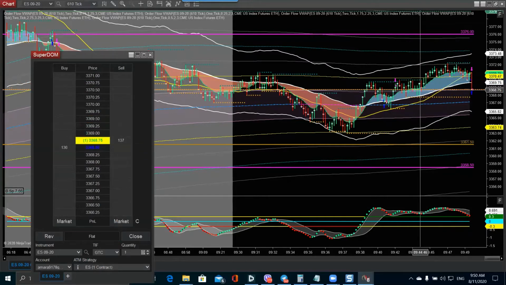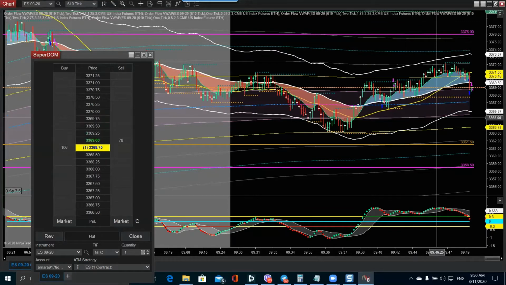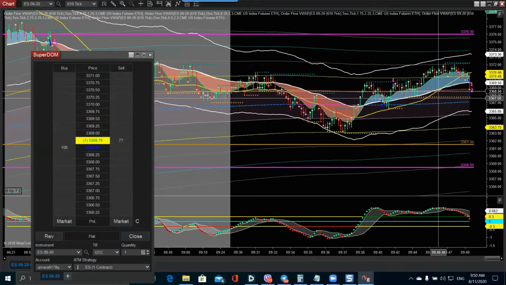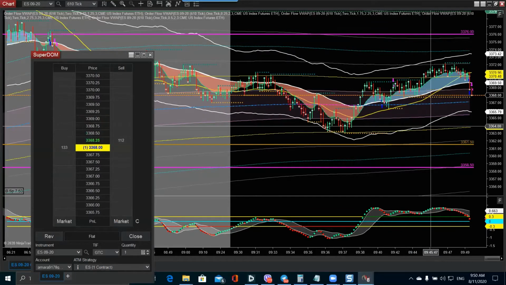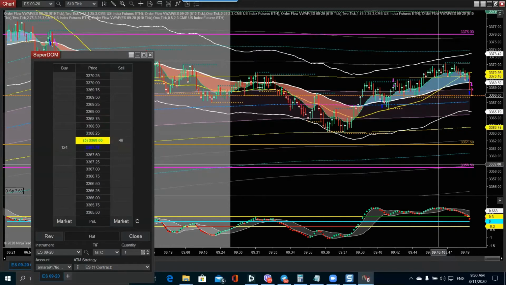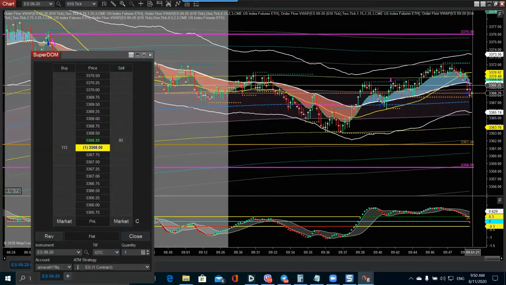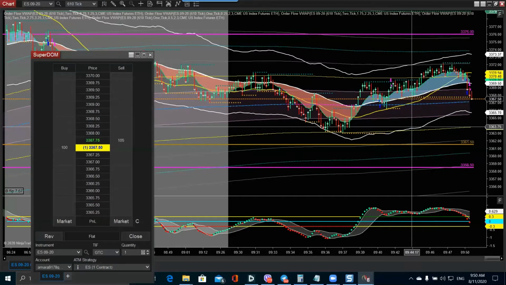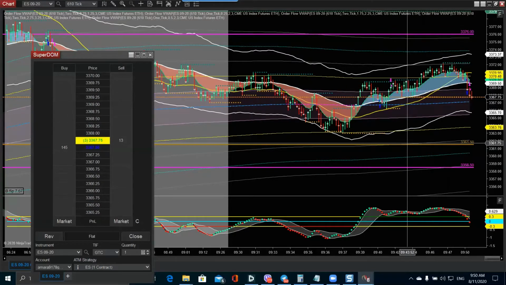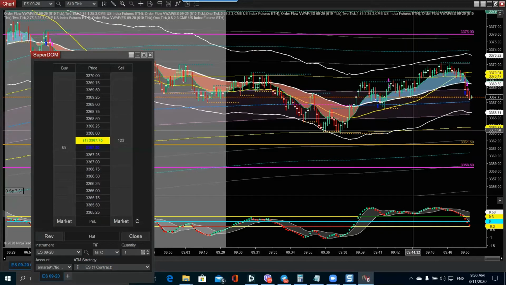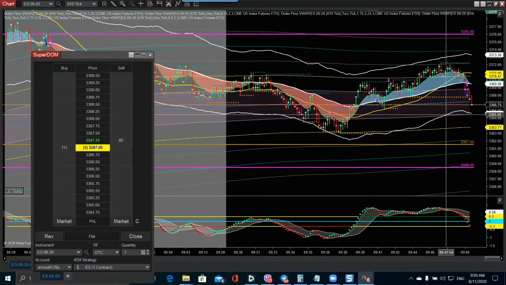Stop filled. Let's try and move the stop, right? There's only 5 ticks. So now do we have a change here in momentum? And we do now, since it's going to be closing here.